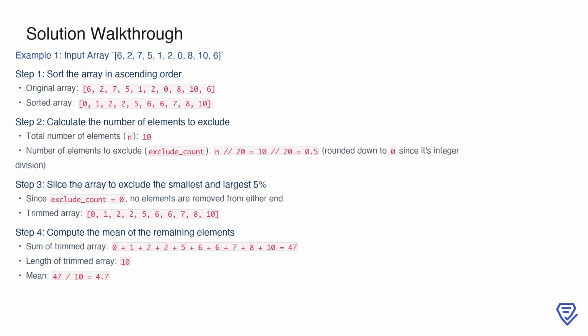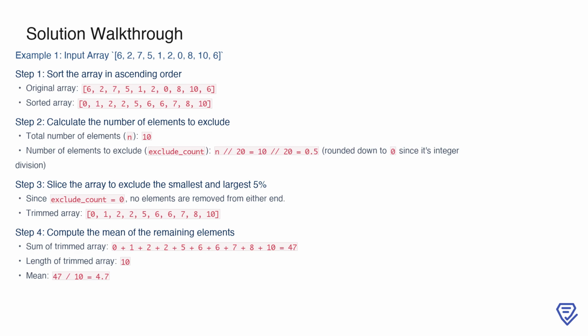To solve this problem, we start with the input array 6, 2, 7, 5, 1, 2, 0, 8, 10, 6. The first step is to sort the array in ascending order. Sorting the elements gives us 0, 1, 2, 2, 5, 6, 6, 7, 8, 10. Next, we calculate how many elements to exclude from both ends of the array. The total number of elements, n, is 10.